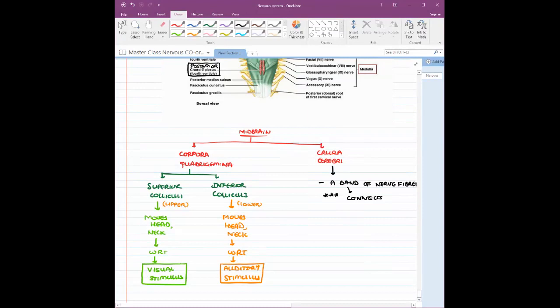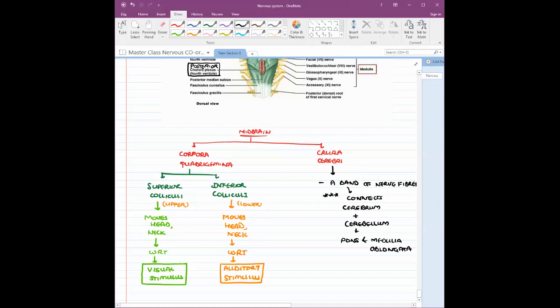It connects the cerebrum, plus the cerebellum, plus it is also going to connect them to the pons and the medulla oblongata. So it almost connects everything out over there. Very, very important. That is crura cerebri.